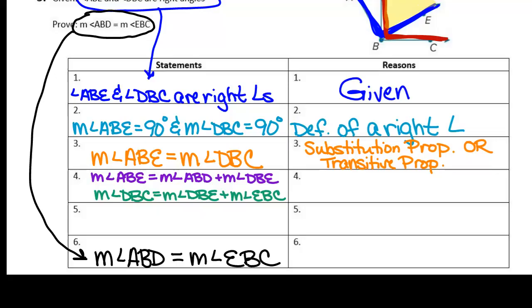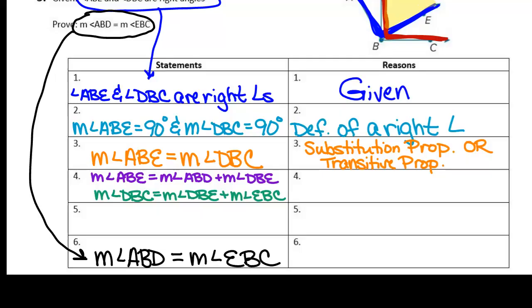These two statements that I wrote in the same box, because I'm going to use the same reason for both of them, that I got from the picture, right? I didn't get that from the stuff up above. I got that from the picture. Why am I allowed to say, look at your red paper, why am I allowed to say that two smaller angles put together give me a bigger angle?